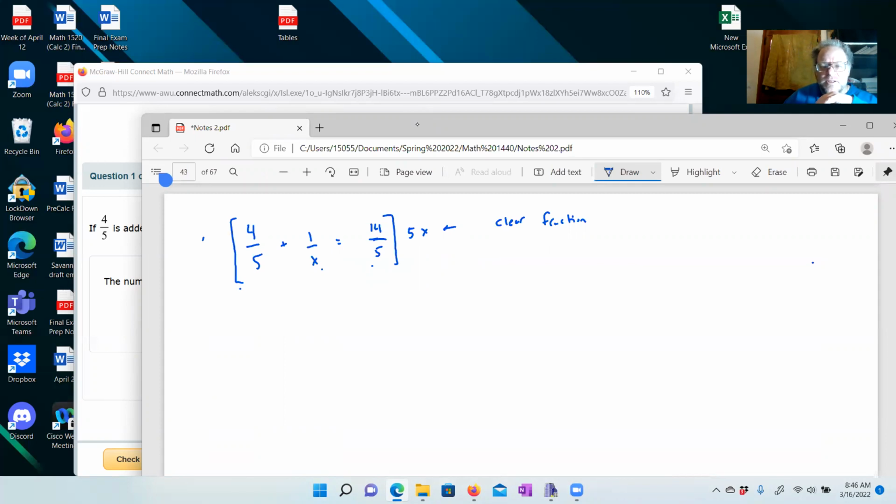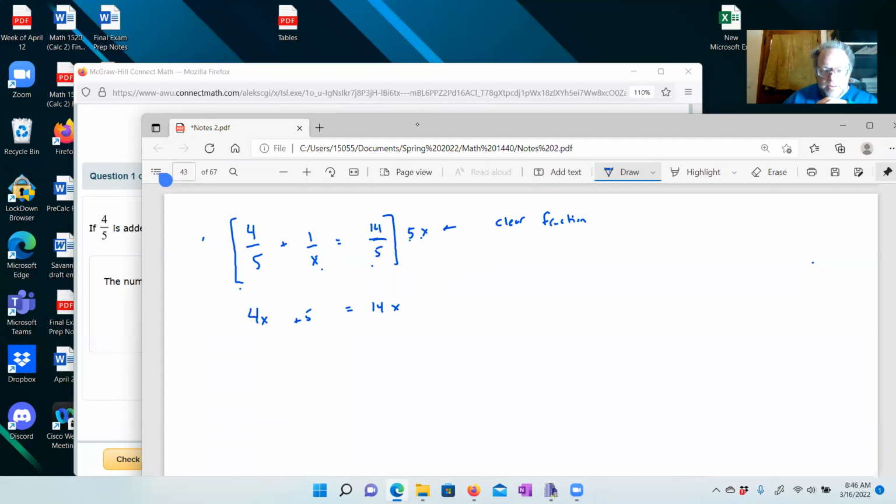So multiplying by 5x, on the first term, the 5 cancels, and we get a 4x. On the second term, the x cancels, so we just get plus 5. And on the end, we get a 14, because the 5 cancels, leaving 14x.